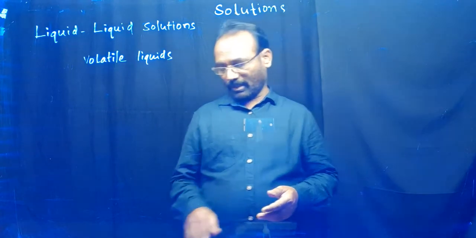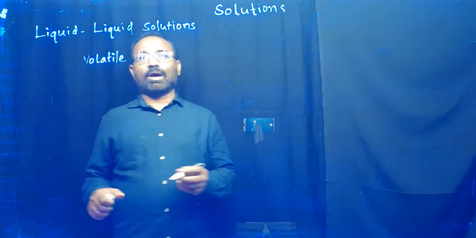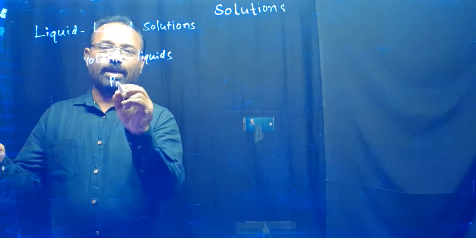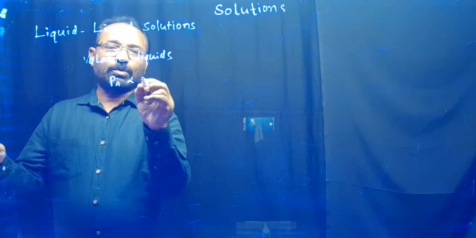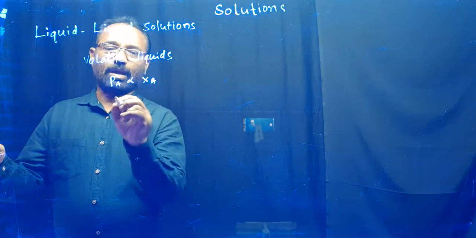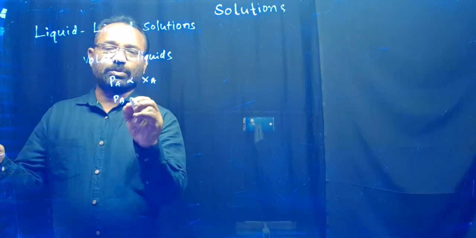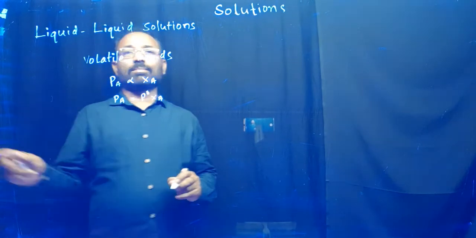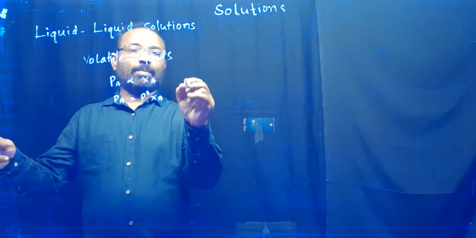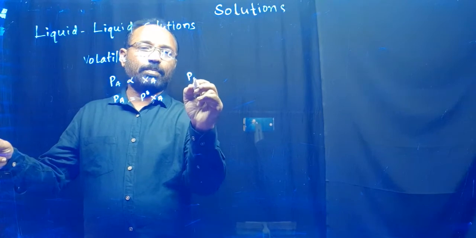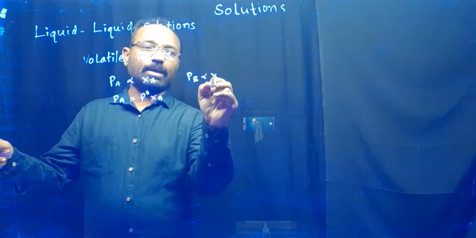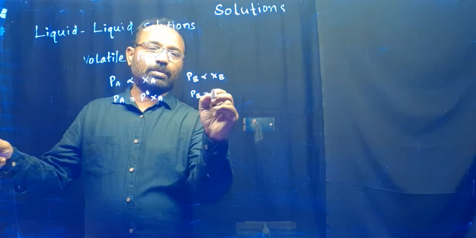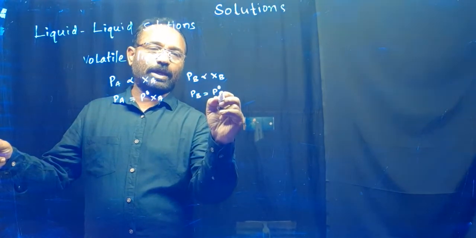If you take component A, the partial pressure PA is proportional to XA, so PA equals P naught A into XA. Similarly, for component B, PB is proportional to XB, and PB equals P naught B into XB.